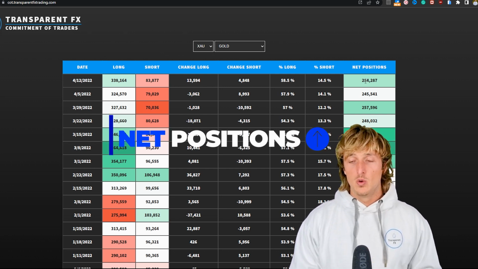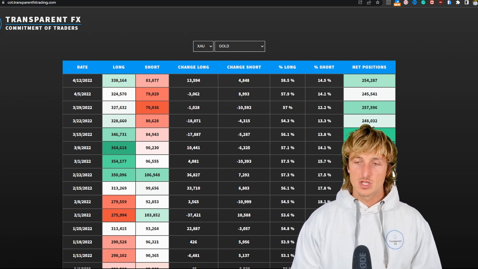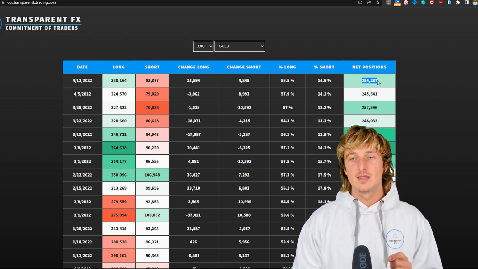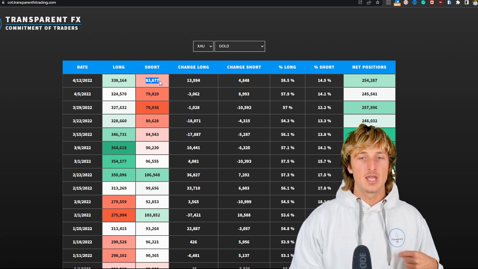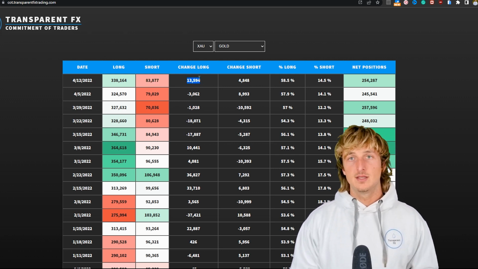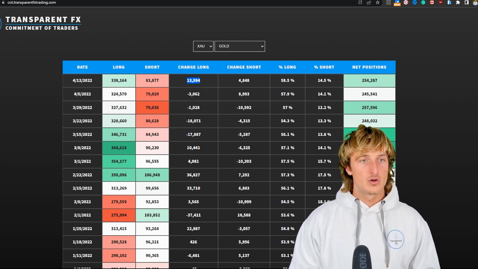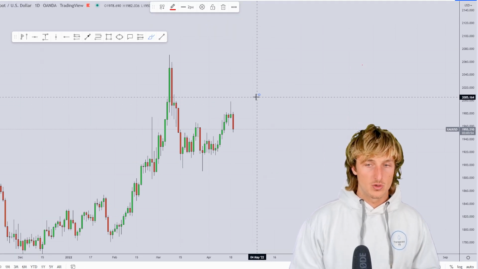In fact, we went from having 172k net positions all the way up to having 254k net positions with 338k longs at the moment and only 83k shorts, with 13.5k longs added from an institutional perspective with the last report.